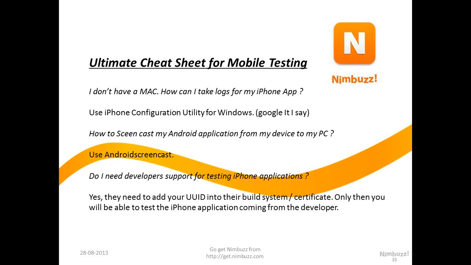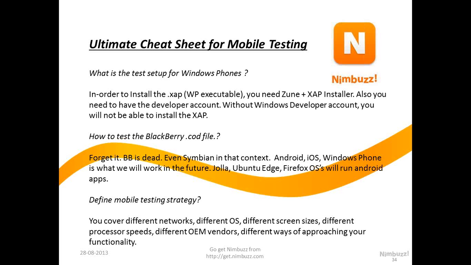For iPhone application testing, you should register your UUID with the build system, so you should take your developer's help for that. For Windows Phone testing, you should really have Zune and the Zap installer. You should also have the developer account, because without a developer account your Zap installer will not work.